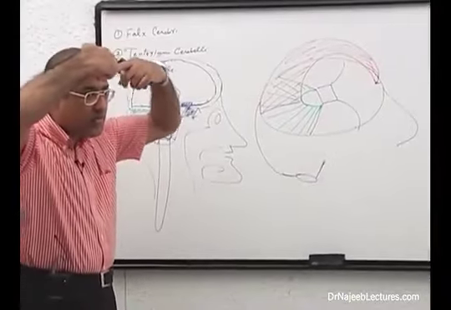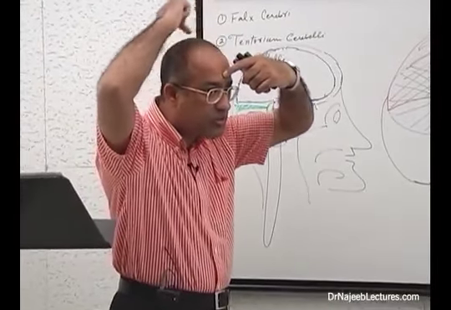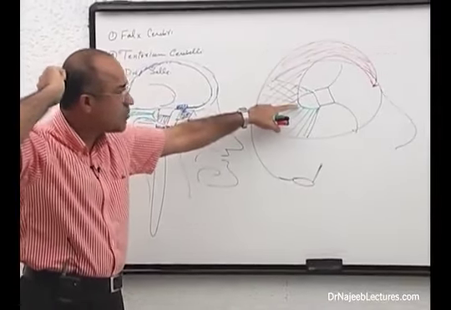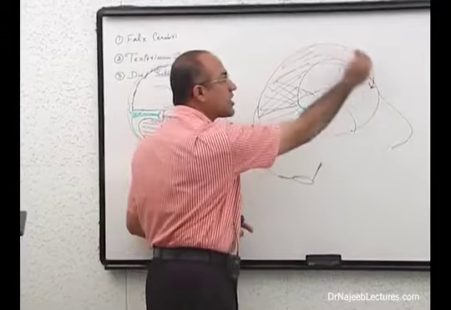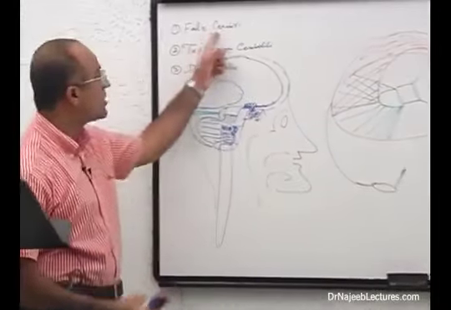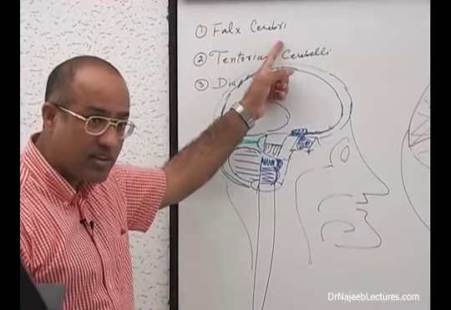This fold starts in the front and passes through the fissure between the two hemispheres backward. Posteriorly it attaches in the midline at the top of the tentorium cerebelli. This fold is called the falx cerebri. What is this called? Falx cerebri. Is that right?